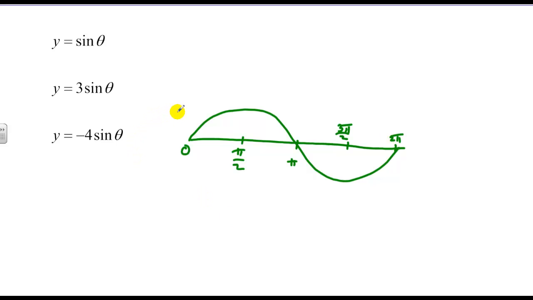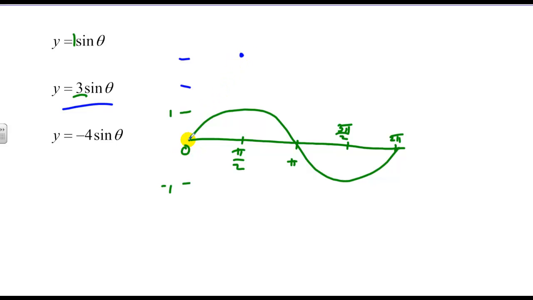And in this case, our amplitude, since we're going from 1 to negative 1, is just 1. Now, if I were to change my amplitude to 3, we'll do this in blue, all right? Then instead of being as high as 1 at pi over 2, I'm now at 3.